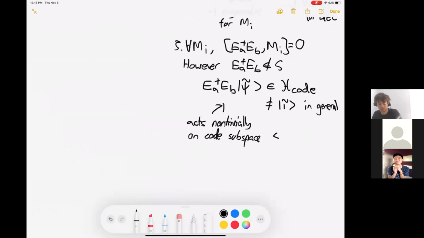J tilde EA dagger EB I tilde is not in general proportional to delta ij.